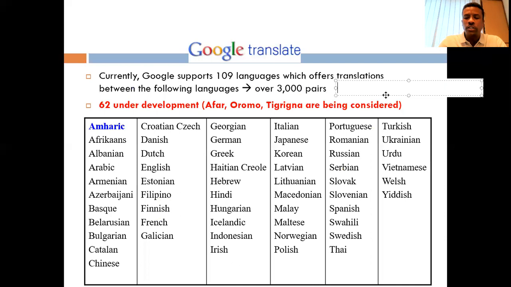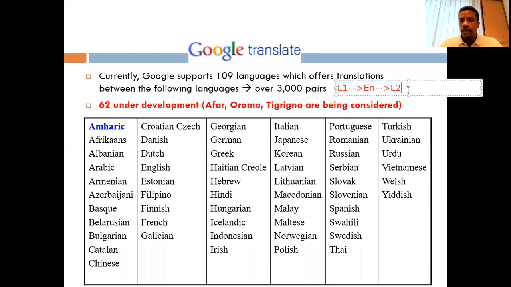So language 1 would be translated to English, then the English is going to be translated to language 2. This is how the translation is done, which means English is taken as a reference.